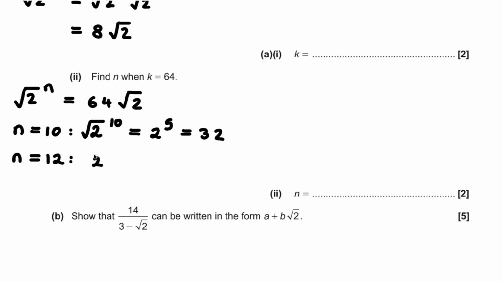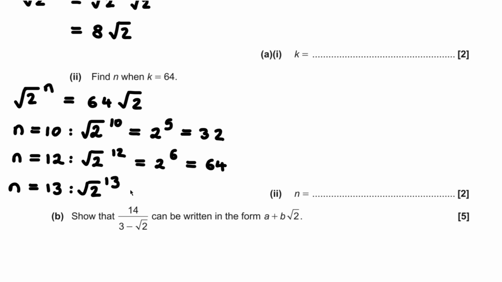I would have root 2 to the 12th power, which is 2 to the 6th, which is 64. Now I want 64 root 2, so let's see what happens when n is 13. I have root 2 to the power of 13, which is root 2 to the power of 12, times root 2 to the power of 1, leaving me with 64 root 2, meaning n is 13.